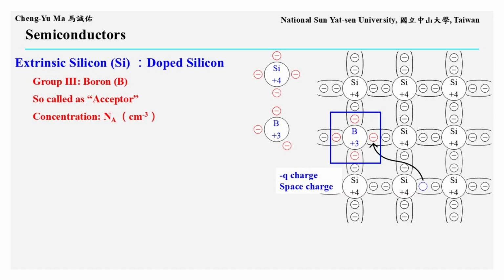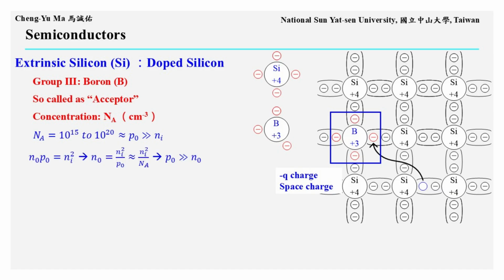Its unit is the number per cubic centimeter. In general, the Na concentration is about 10 to the 15th to 10 to the 20th, which is much larger than the intrinsic carrier concentration. Under thermal equilibrium, the doping concentration is approximately equal to the hole concentration in the valence band. Therefore, Na is approximately equal to P0.